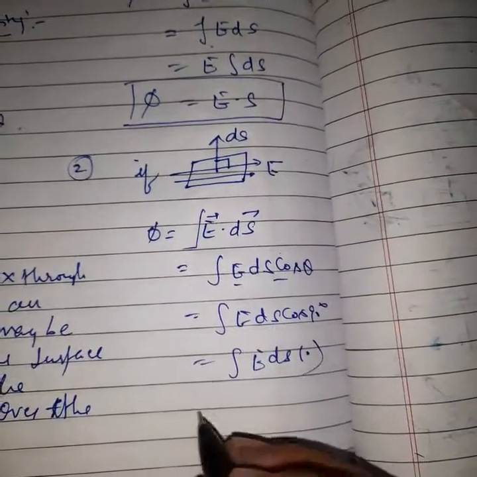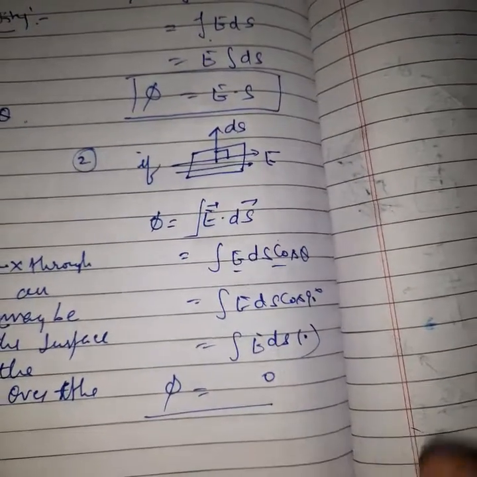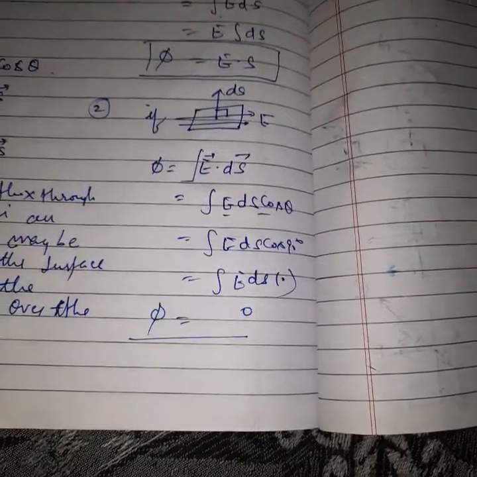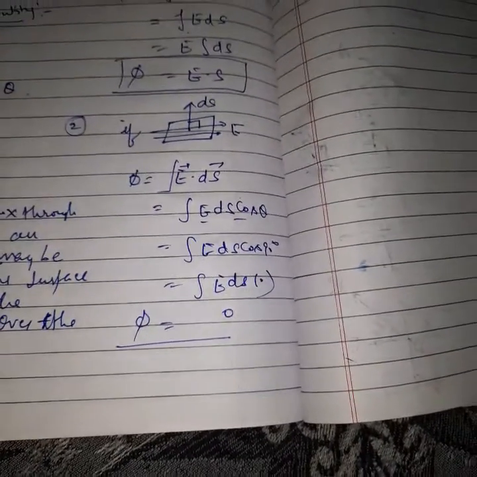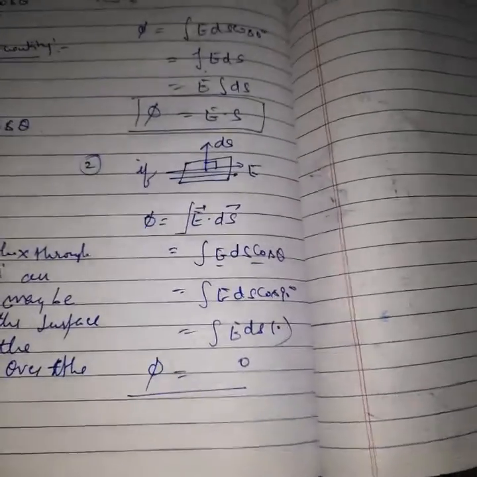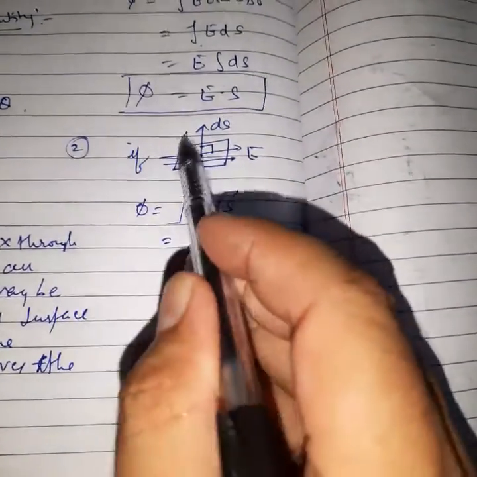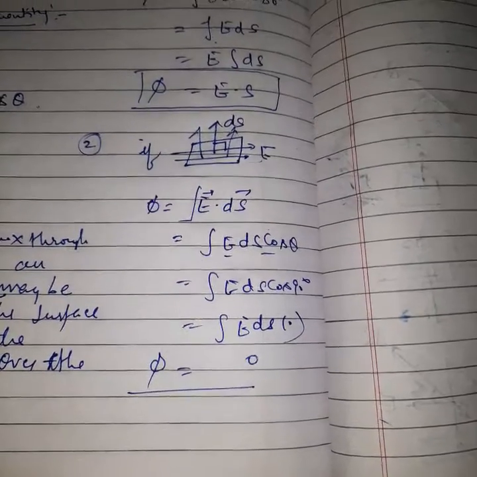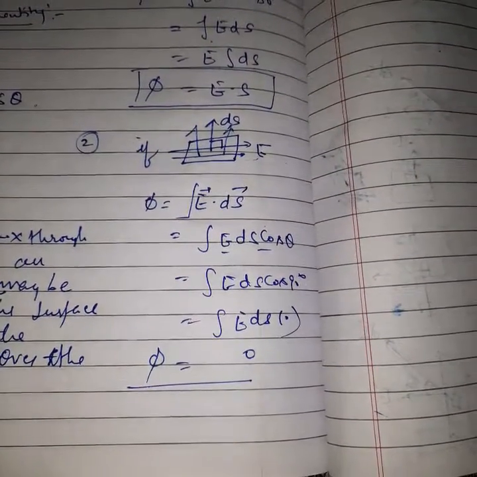Cos 90 equals 0, so we get φ = 0. When the area vector and the electric field line are perpendicular, we will not get any electric flux. So electric field lines should be perpendicular to the surface, not parallel to the surface. Say yes or no.